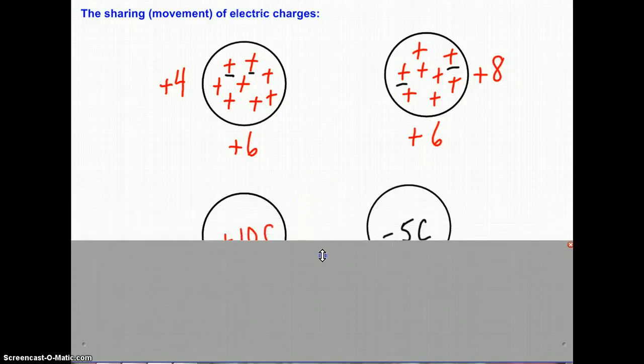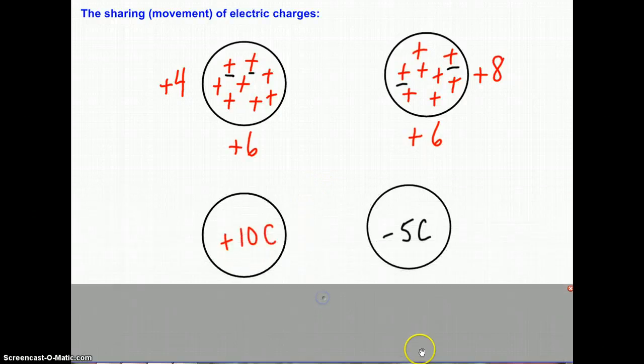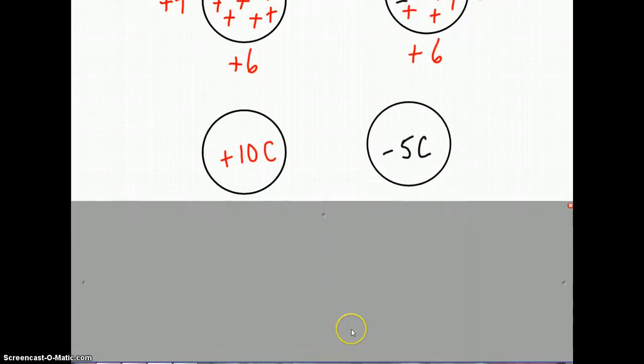Let's practice that now with not just elementary charges, but with charge in general, which is in units of Coulomb. If the object on the left has a positive 10 Coulomb charge, and the object on the right has a negative 5 Coulomb charge, what would the charge on each be if they were touched and then separated, provided that these 2 objects are equally sized?